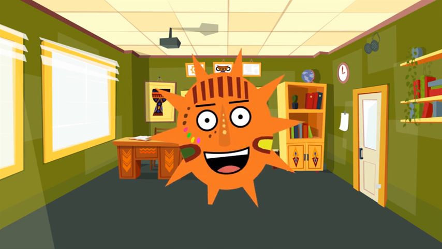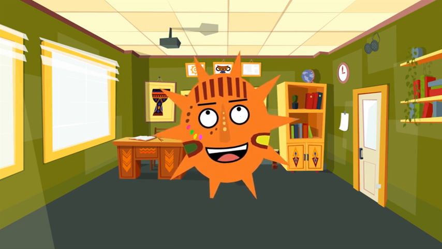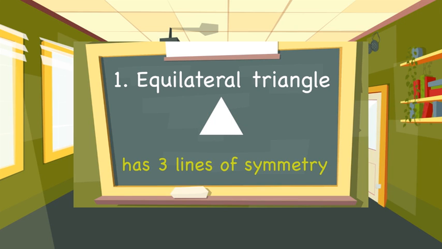We move on to another major characteristic of an equilateral triangle, that it has 3 lines of symmetry. And some will ask, what is a line of symmetry? A line of symmetry is a line that can divide a shape into two equal parts.